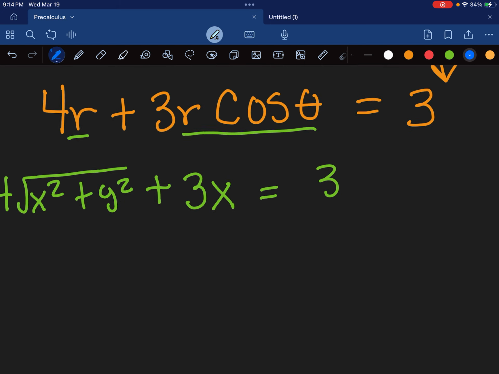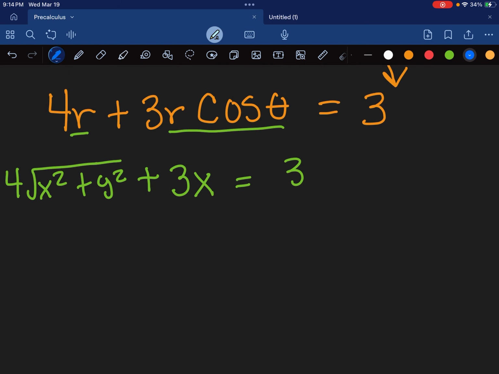From here, we're just going to move this 3x, so we're only left with the 4 times the square root of x squared plus y squared. So we're going to do minus 3x in order to cancel them, because a positive and a negative cancels out. So that cancels out completely. And what we do on one side, we do to the other side.